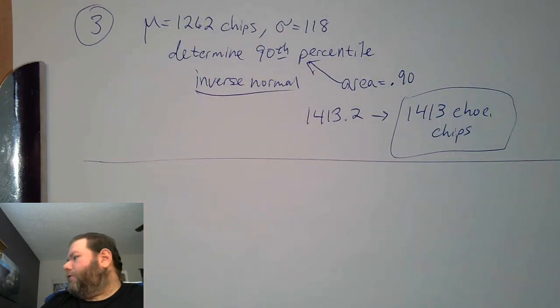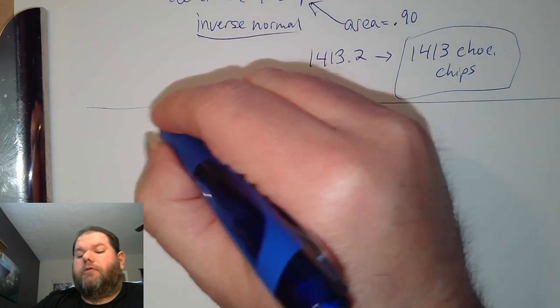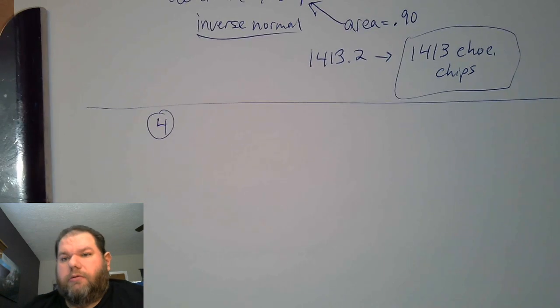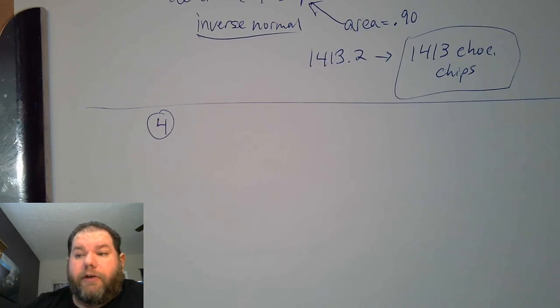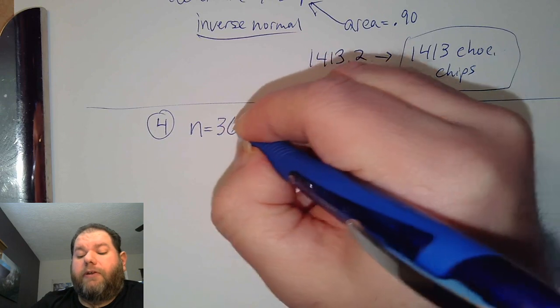Alright, number 4. Suppose that a local doctor studied the pregnancies of a random sample of 36 of her patients. So that's our sample size, 36.